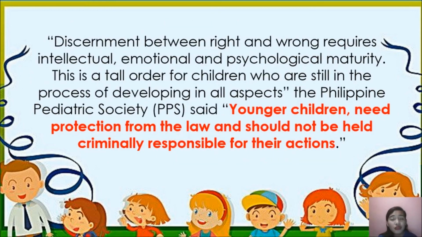Discernment between right and wrong requires intellectual, emotional, and psychological maturity. This is a tall order for children who are still in the process of developing in all aspects. The PAP said younger children need protection from the law and should not be held criminally responsible for their actions.